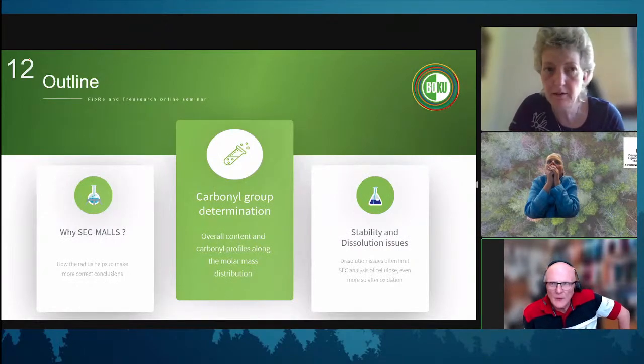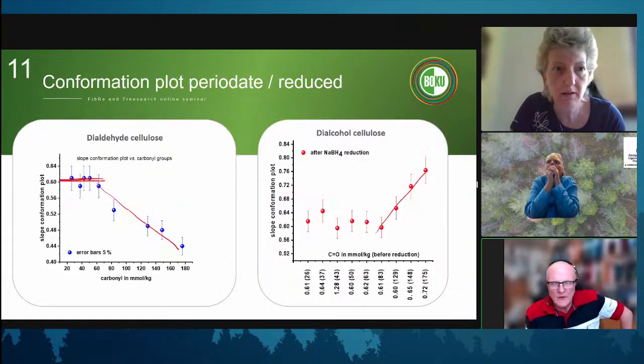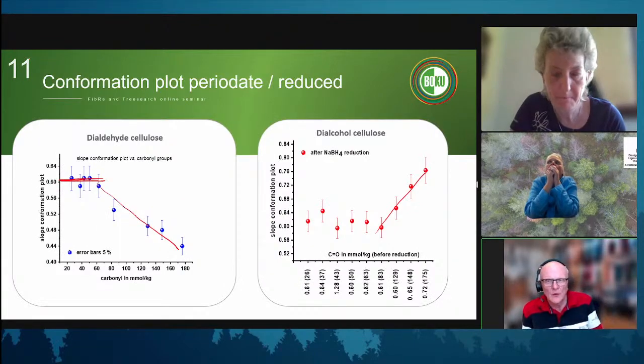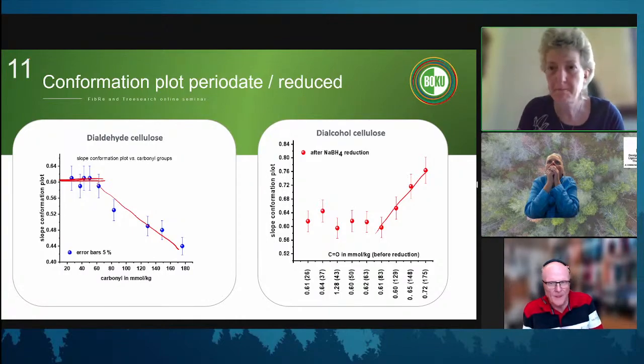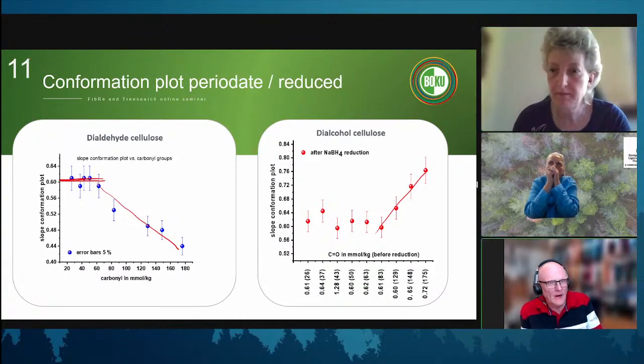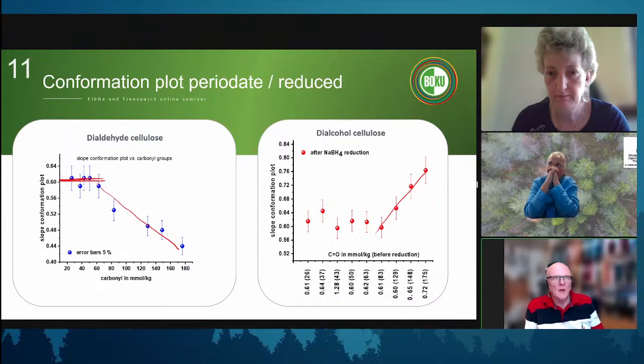No, that was maybe when you're changing from dialdehyde cellulose to dialcohol cellulose, you also change the interaction with the solvent. Have you looked at that? I mean, it probably would turn up as a change in the second virial coefficient or something. Have you looked a lot at that, or?